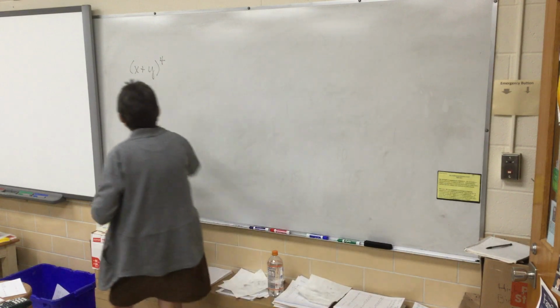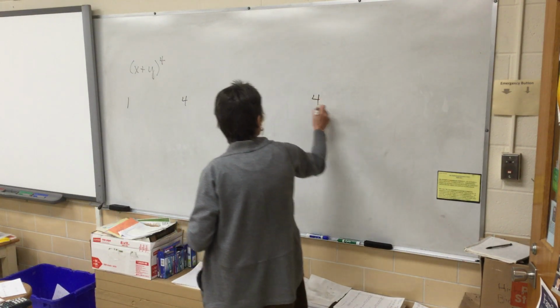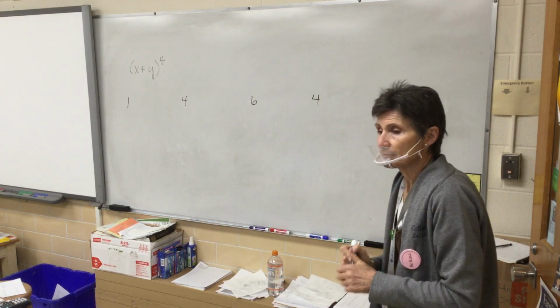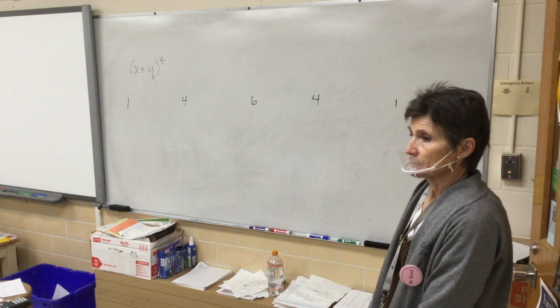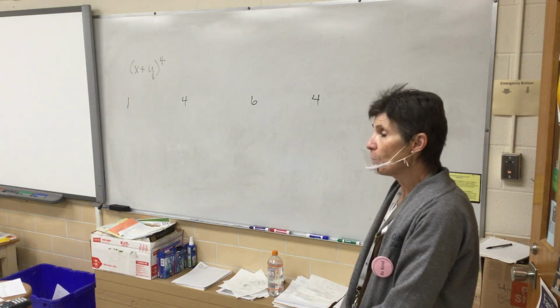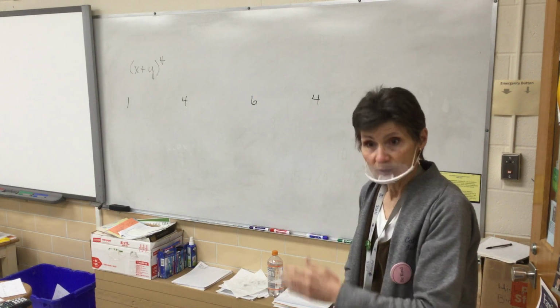And you're going to space it out, so it's going to go clear across your page there. So, step 1, whatever power I am raising it to, I'm going to go to that row of the triangle.